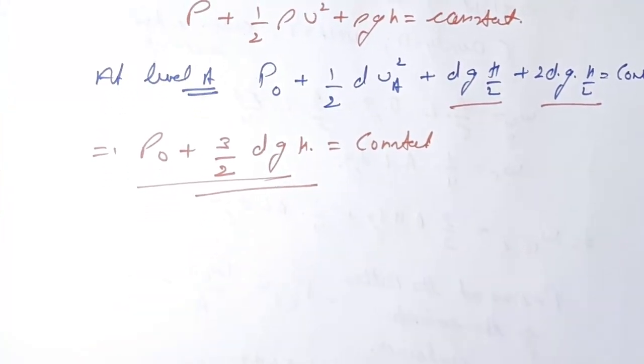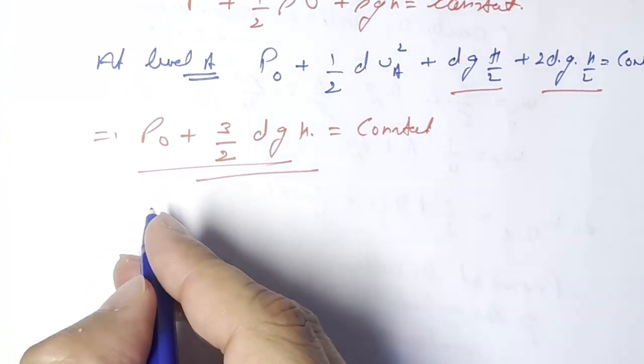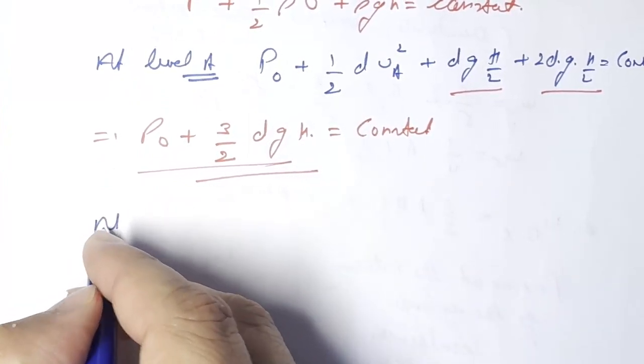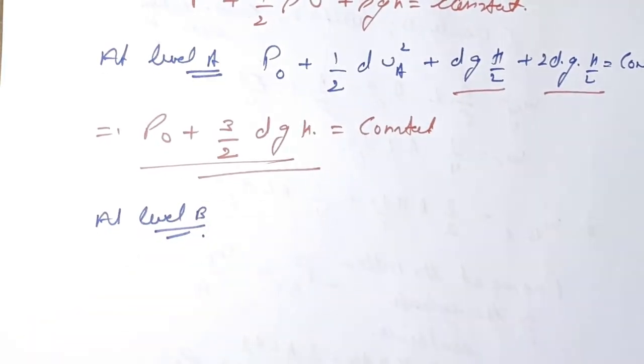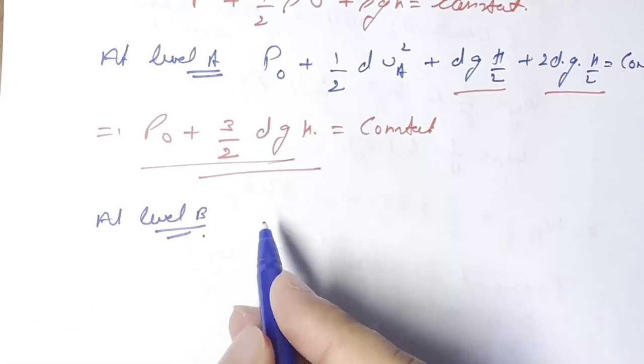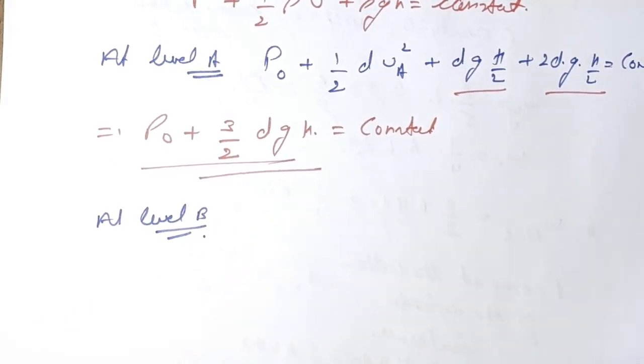Similarly, we do it at level B. In the question it is given that the lower liquid is also open to atmospheric pressure.